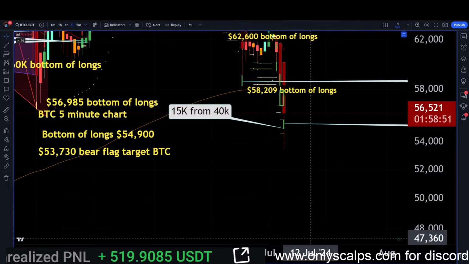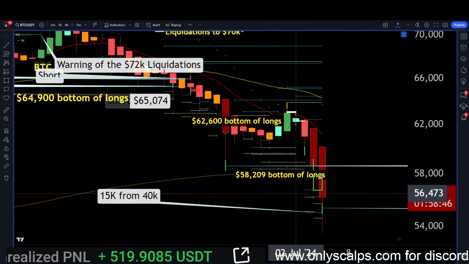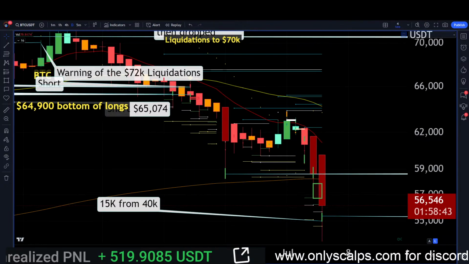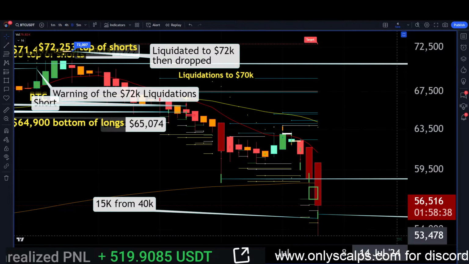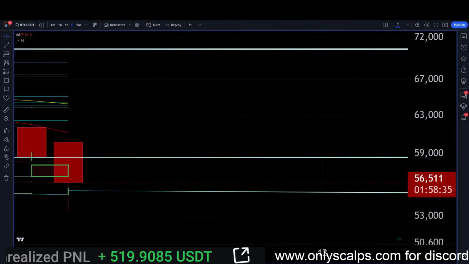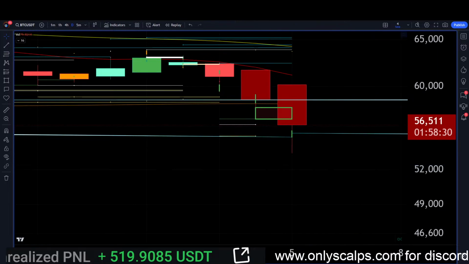And now when we look at this chart here, let's take this off. Let's zoom in. I just want to zoom in on this candle. 53,481. I just want to map this low that we went to. And this happened on 4th of July.